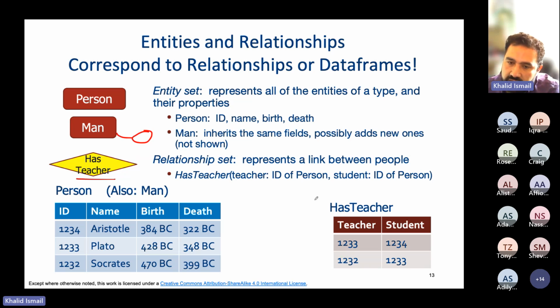So from this table, I can understand that Socrates is the teacher of Plato, and Plato is the teacher of Aristotle. Is that clear? Anyone has any questions?